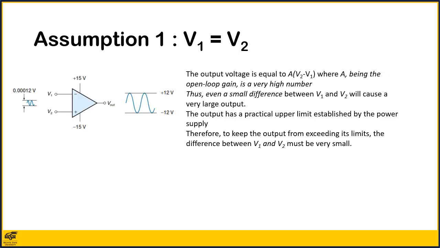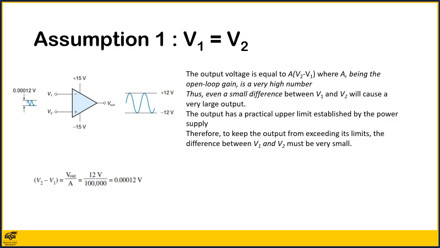The power supply is plus 15 volts and minus 15 volts, which limits the output voltage swing to about plus 12 volts and minus 12 volts, that being 80% of the supply. If the open loop gain is 100,000, then the difference between V2 and V1 that would cause an output of 12 volts is computed using the open loop gain equation of Vout equals A times (V2 minus V1).